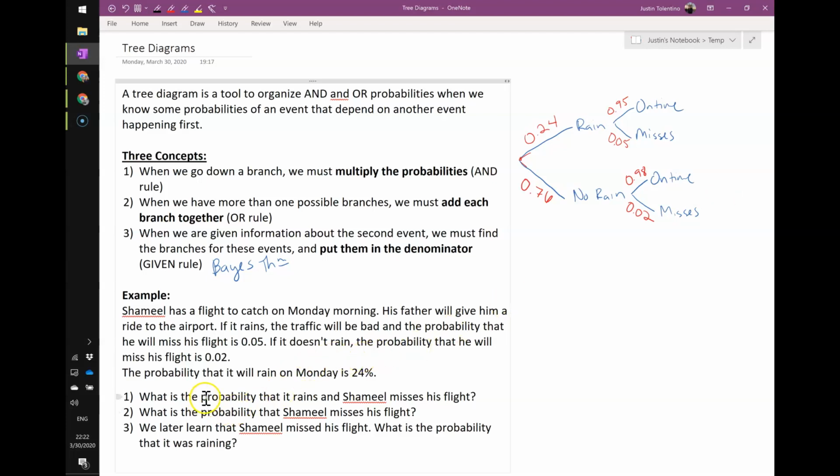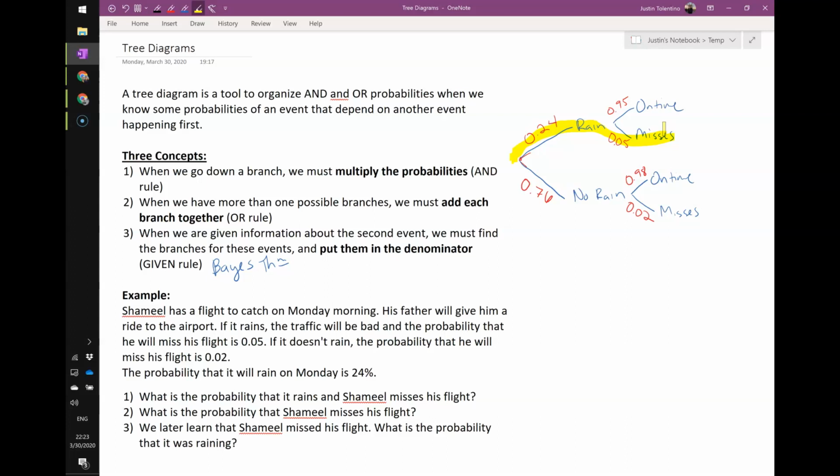So let's see how this works out. The first concept we're going to look at is that and probability. Notice here it says, what is the probability that it rains and Shamil misses his flight? So we can actually visualize this as being part of one of these branches from start to finish. We always start at the beginning. And following this branch, it's going to either rain and he misses his flight. So notice that and tells us what to do: we're going to multiply those probabilities.